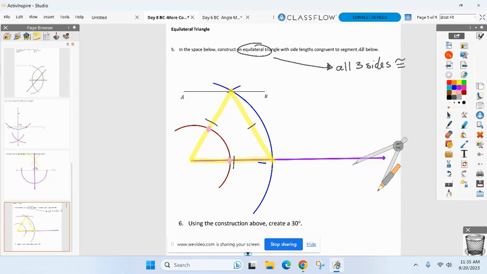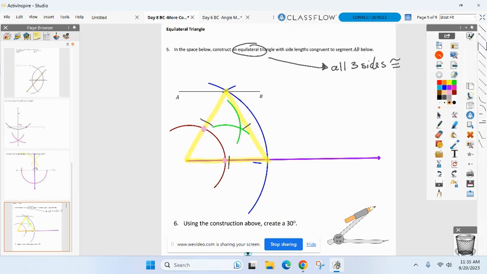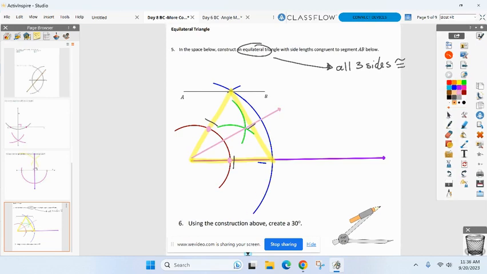Then put your compass on each point and make arc 2 and 3 intersect each other. Whew. Love this one. Congratulations, you've just made a 30-degree angle. Exactly 30 degrees.